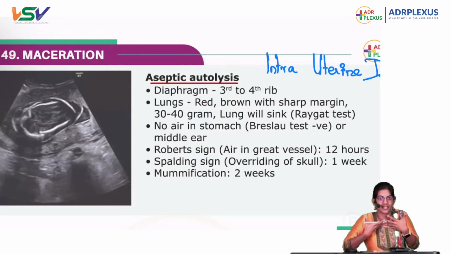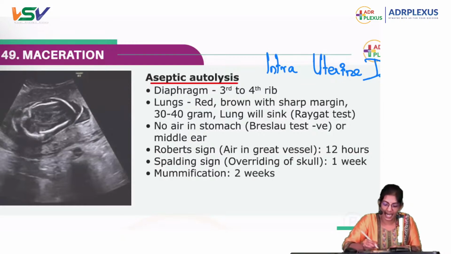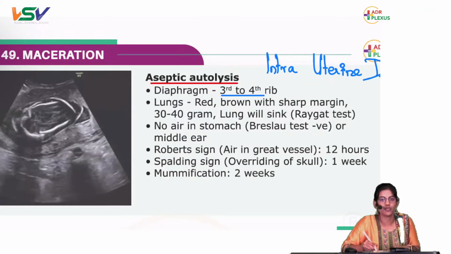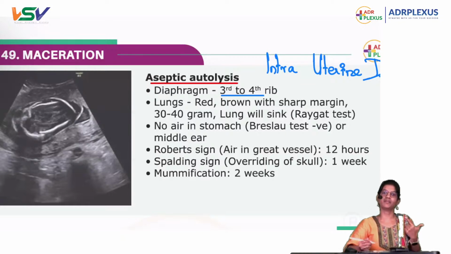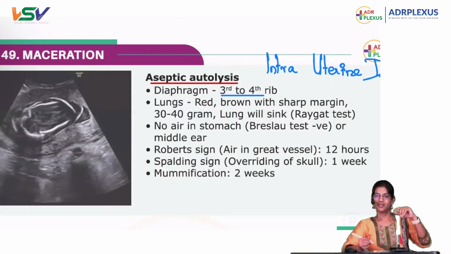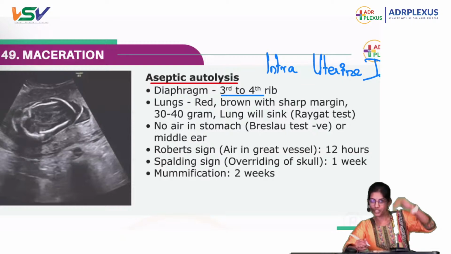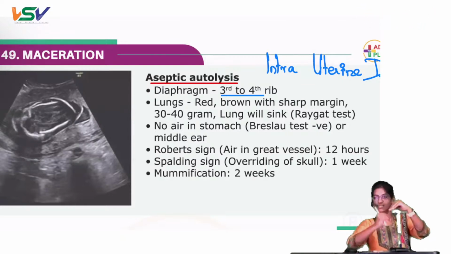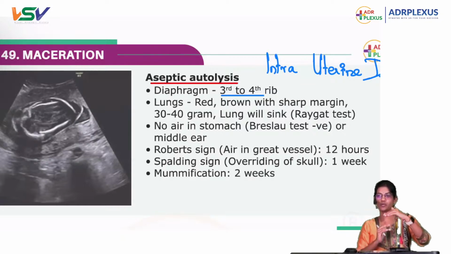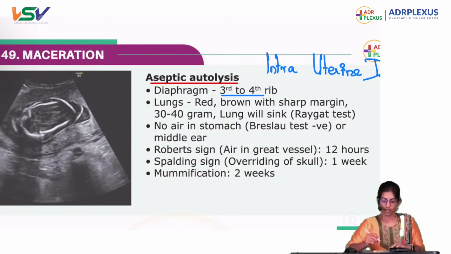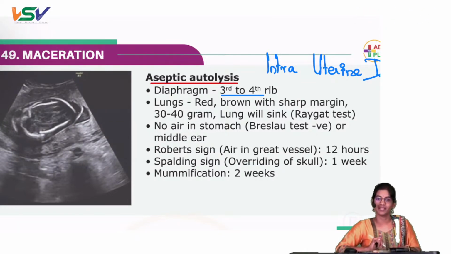Respiration has not happened. So the diaphragm is pretty high. It is at the 3rd to 4th rib. We can examine the diaphragm by placing the finger via the abdominal cavity, not from the top, because when you examine from the top, we might push the diaphragm down, right? Let's say this is the dome of the diaphragm. You do like this, you're going to push it down. So what we do is we come from below and we slightly examine what level it is. Okay. So the diaphragm is examined from the abdominal side.